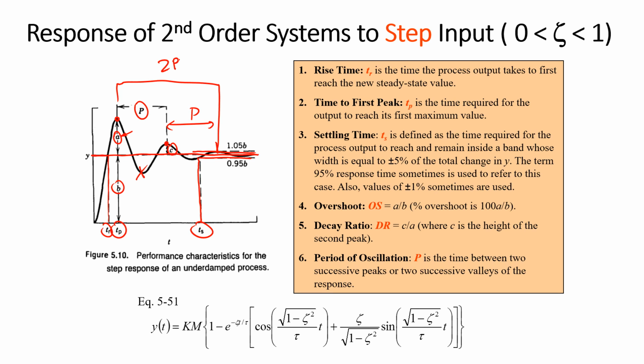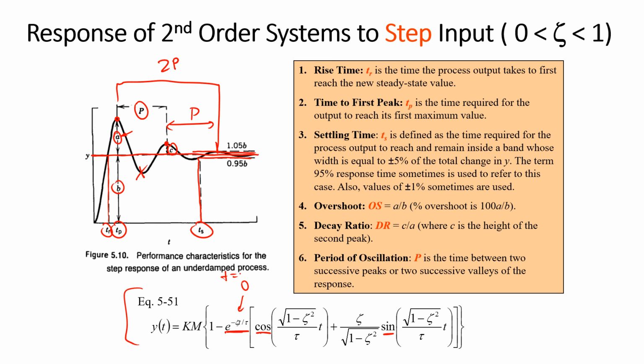Okay, and then if we look at the equation for this, here it is in the time domain. You can see a cosine and a sine. That gives us the oscillation, but then it decays out. It's multiplied by this exponential term, so you can see them getting smaller and smaller as it goes. And when time goes to infinity, this is going to go to 0.